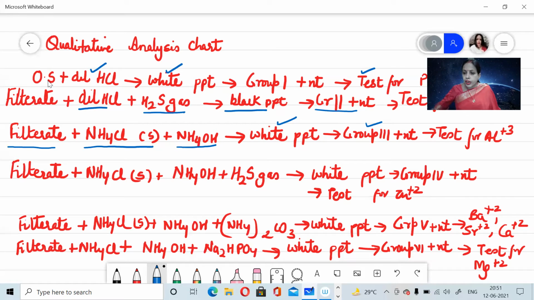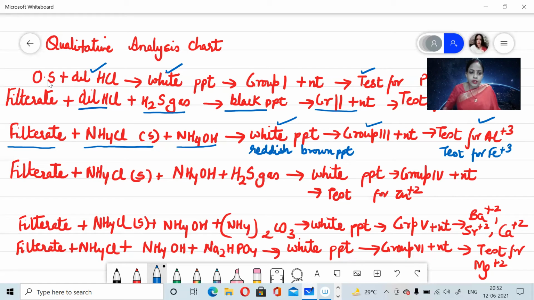Though ferric ion is also a possibility to be present in group 3, if Fe+3 ion is present, then we will get a reddish brown precipitate. That also indicates the presence of group 3, but in that case, we will test for ferric ion.